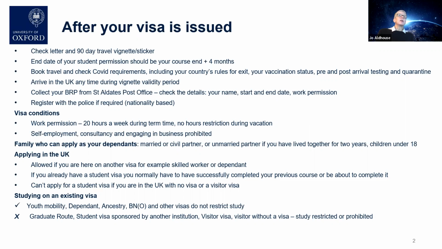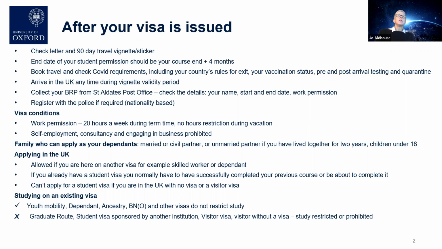Okay, so I mentioned the work permission, 20 hours a week during term time and no hours restriction during vacation. But be careful, especially with the summer vacation towards the end of your course, that it's not conflicting with any dissertation or placements or so on that you need to do.